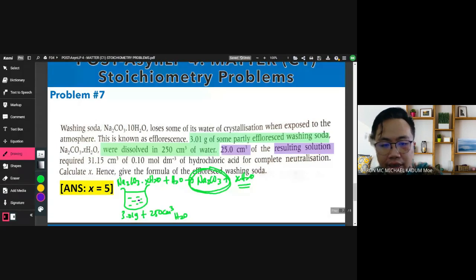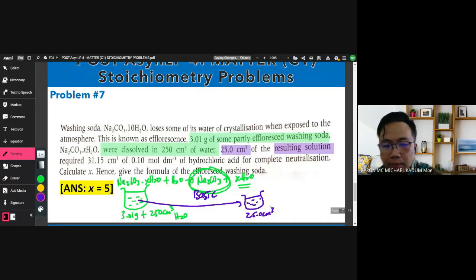Okay, from here they took and transferred just 25 centimeter cubed. And you need to remember, this is basic. Na2CO3 is basic, so it can react by neutralization with hydrochloric acid.